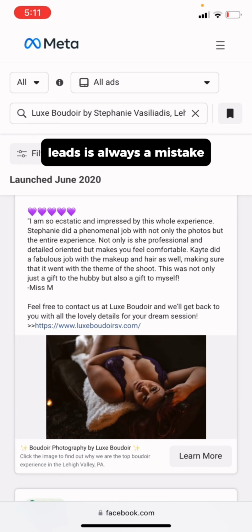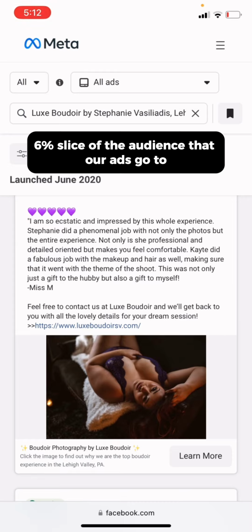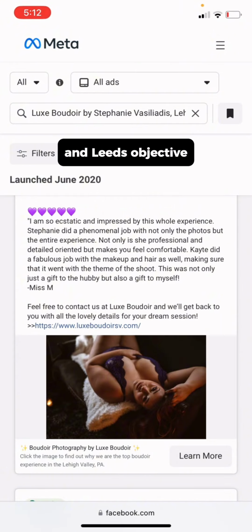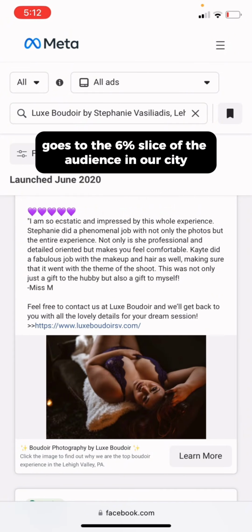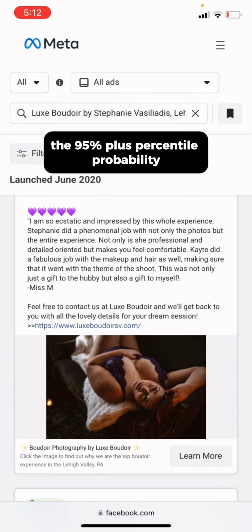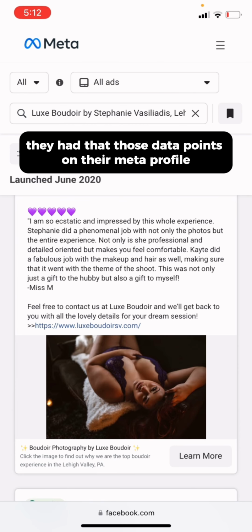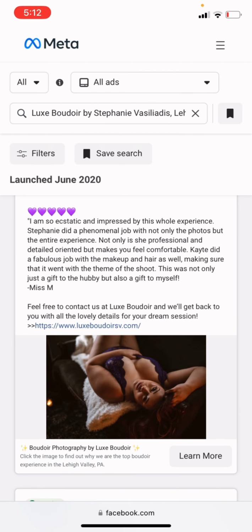Leads is always a mistake because the objective determines a 6% slice of the audience that our ads go to. And leads objective goes to the 6% slice of the audience in our city that has the 95% plus percentile probability of filling out a lead form. They have those data points on their meta profile.